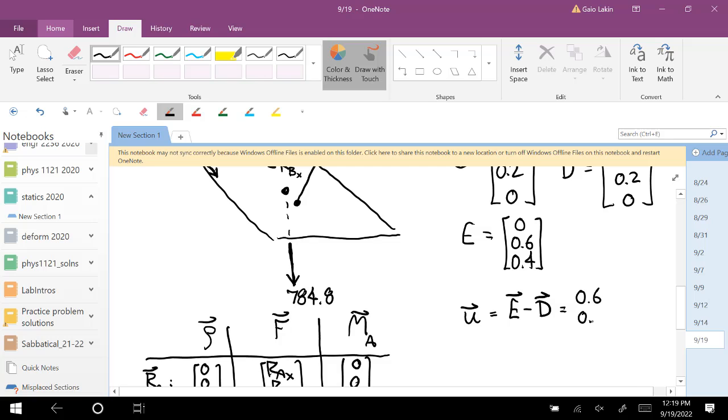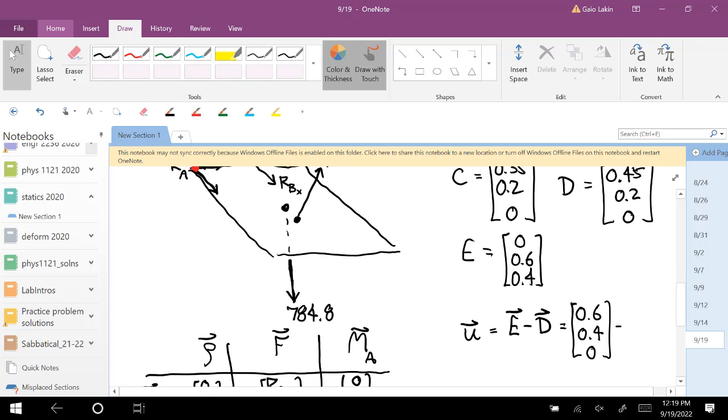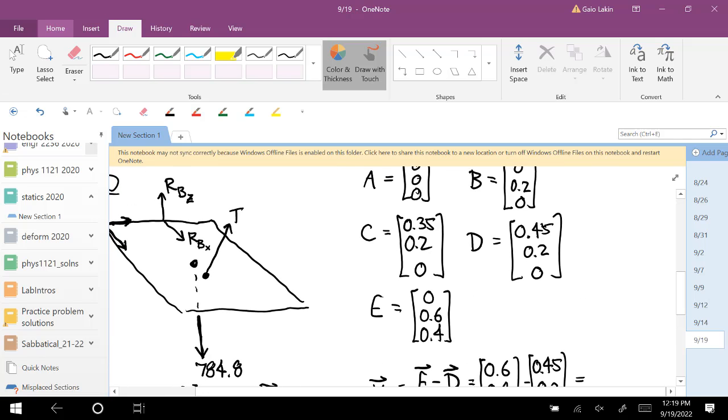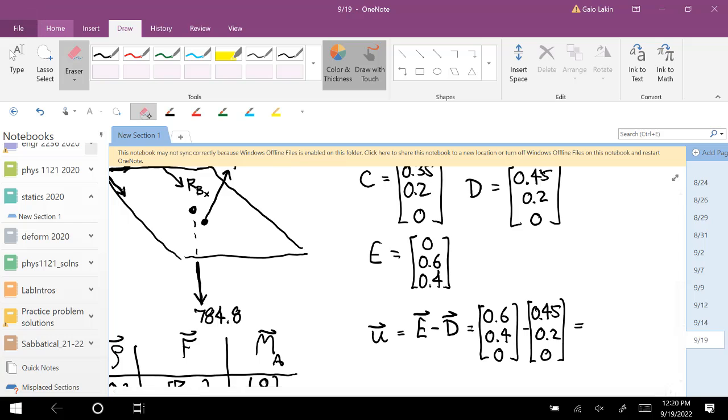So 0, 0.6, 0.4, minus 0.45, 0.2, 0. Okay, so the vector is negative 0.45, positive 0.4, positive 0.4.